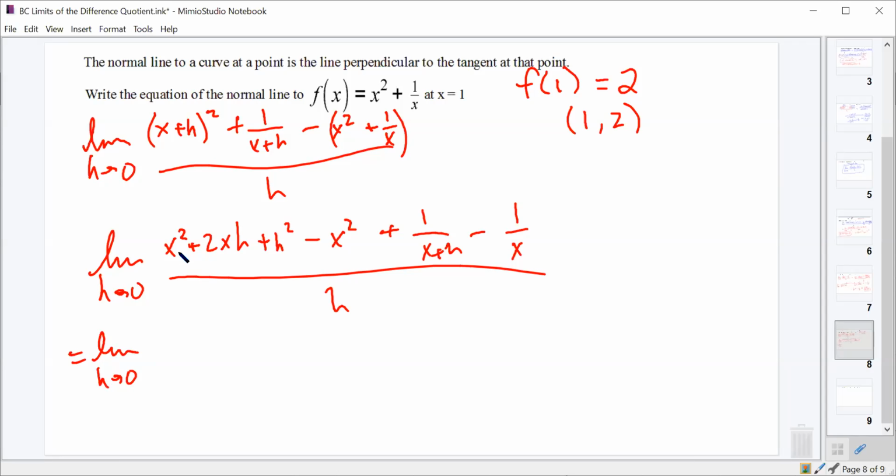And we can also cancel out our x squareds here. So the limit as h approaches 0 of 2xh plus h squared over h, plus the limit as h approaches 0 of, and then this one will get a common denominator, just like we did before.